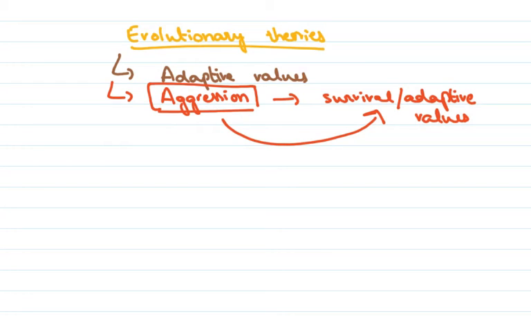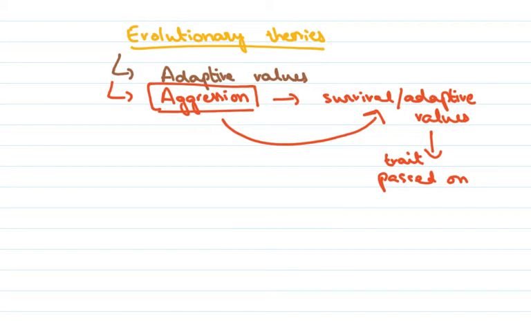And that might give them a particular survival or adaptive value, and because of that, this trait is then passed on to subsequent generations. Therefore, the way you explain it is that it has evolved with human beings. Any behavior in question has evolved because it was adaptive, because it served a particular adaptive value.